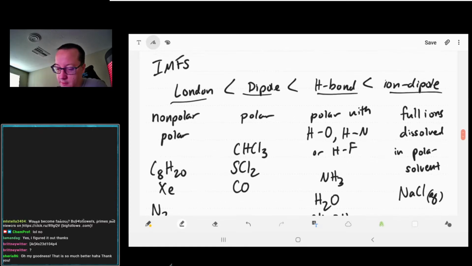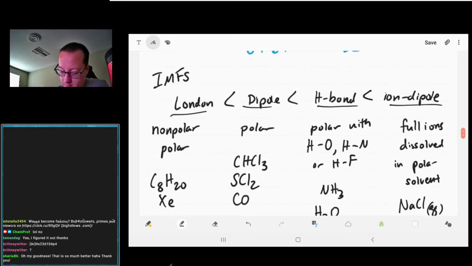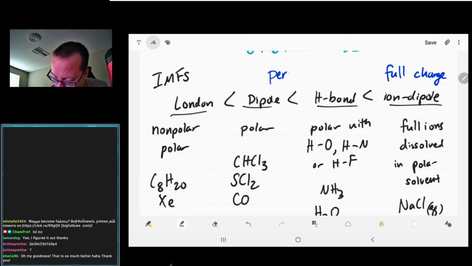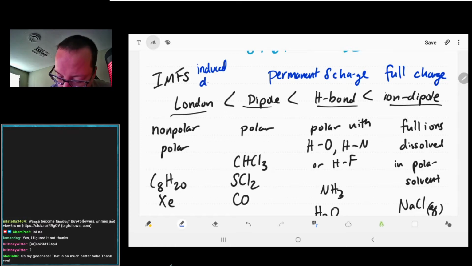So one thing also to think about, what's the word I'm thinking of? Not impermanent. I don't want to say transient either, but just induced dipole. Yeah, that'll work.